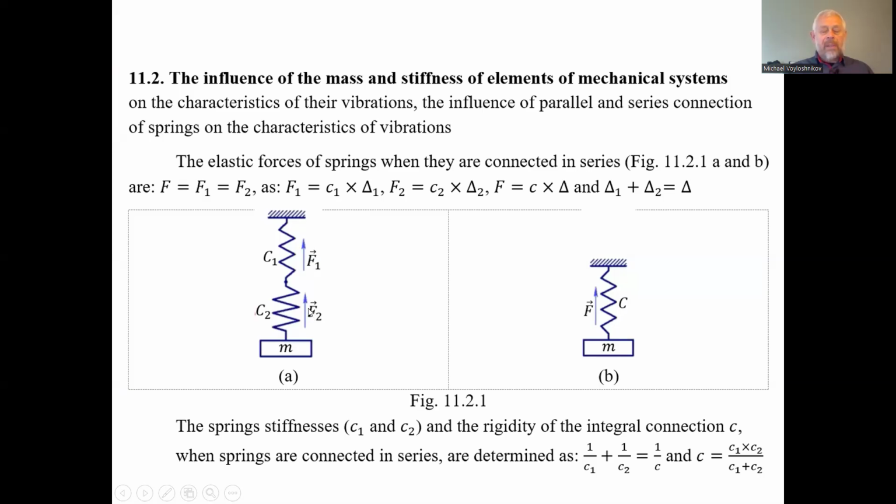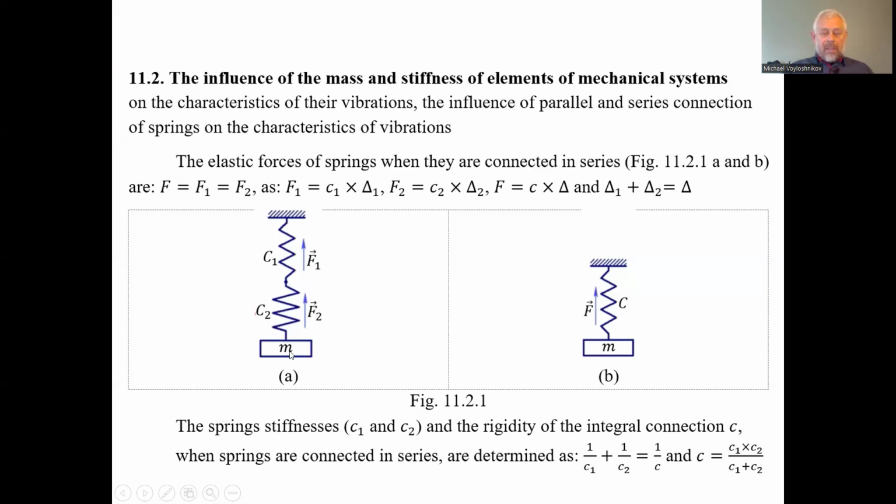This is indicated on the right: the forces acting upward, the forces of elasticity of the deformed springs F1 and F2, and we have as well the load, the material point, a concentrated load if we neglect the size of this load.